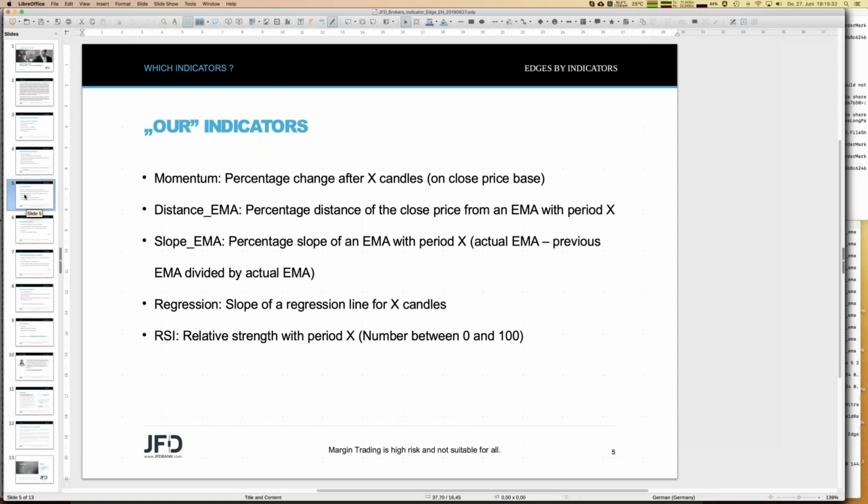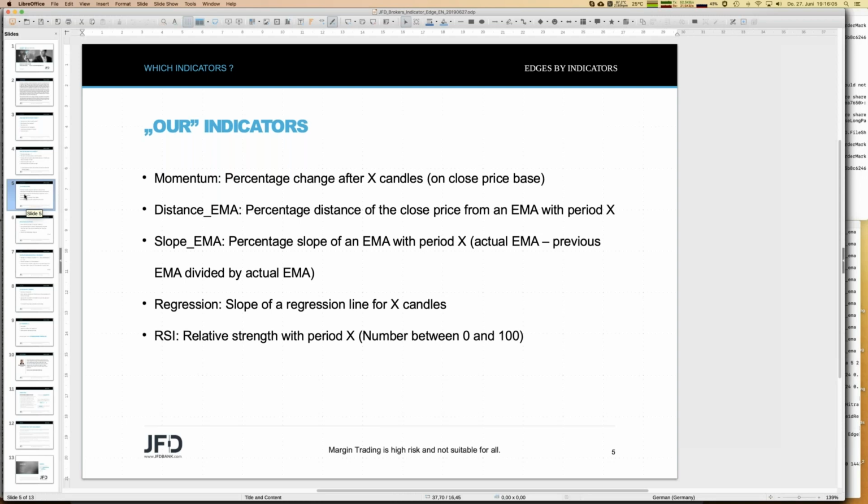And now we simply measure the distance between the close price of the candle and that EMA in percent. That's all. Of course, the EMA has a period, and for any indicator I just call it a period. I know that naming is more valid for EMAs, but we use the same name for momentum and all the other ones as well. So that's the distance EMA.